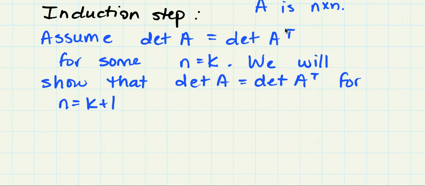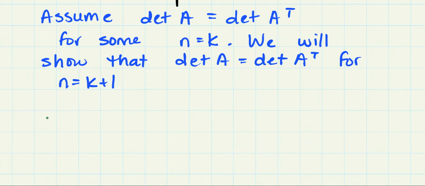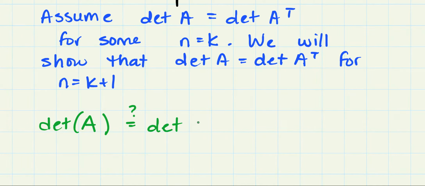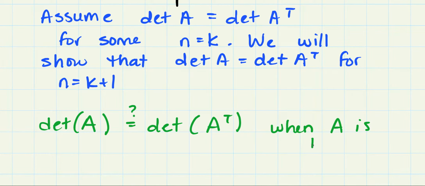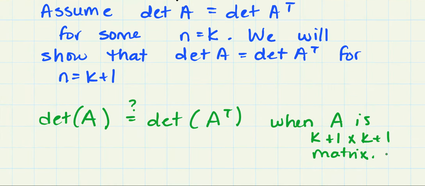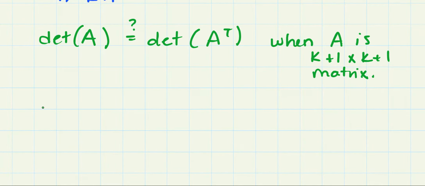Okay, so let's find the determinant of A and show that this is equal to the determinant of A transpose when A is a k plus 1 by k plus 1 matrix. So I'm going to write out what I expect A to look like.